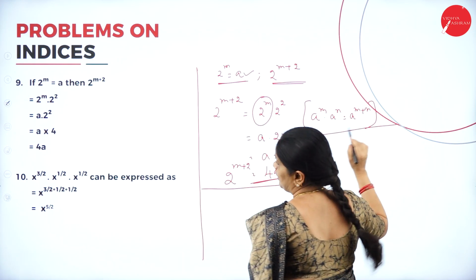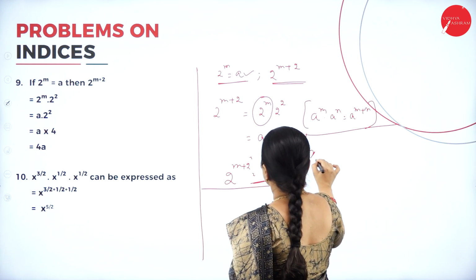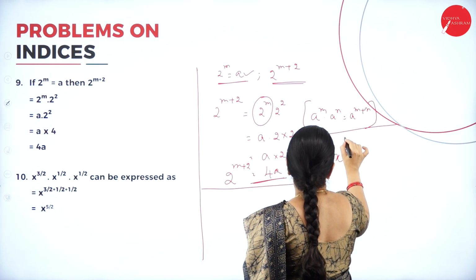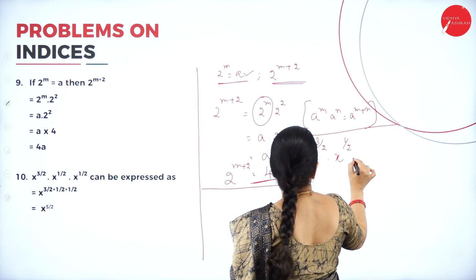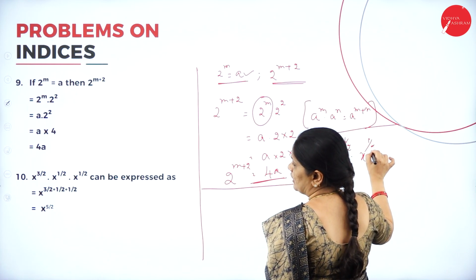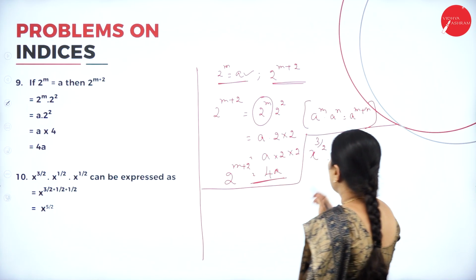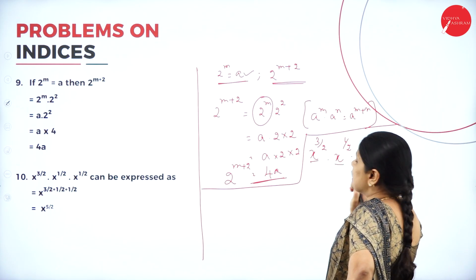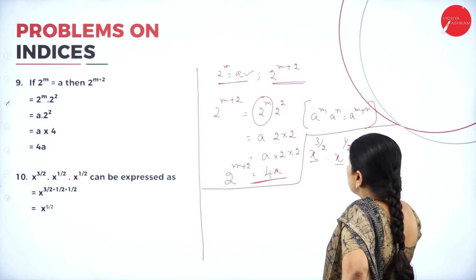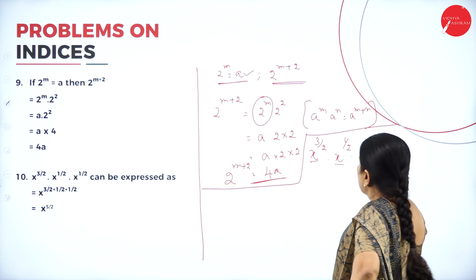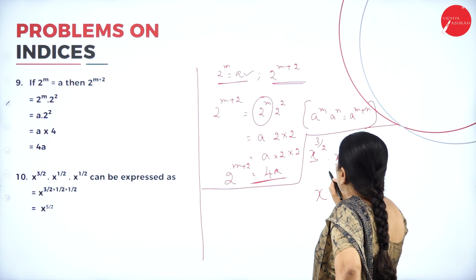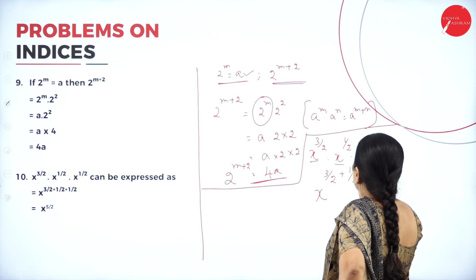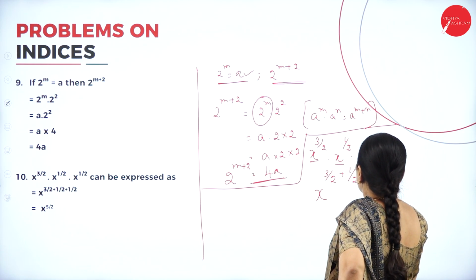Now, the next problem given here is x to the power of 3 by 2 into x to the power of 1 by 2 into x to the power of 1 by 2. How do you simplify this? The first thing you have to notice is the bases are same. When the bases are same, the powers can be added. So, I will write this as x to the power 3 by 2 plus 1 by 2 plus 1 by 2.